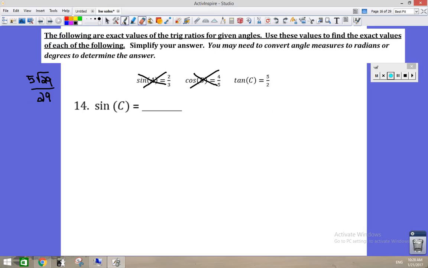I've got a Pythagorean identity that says the cosecant squared of an angle is equal to the cotangent squared of an angle plus 1.